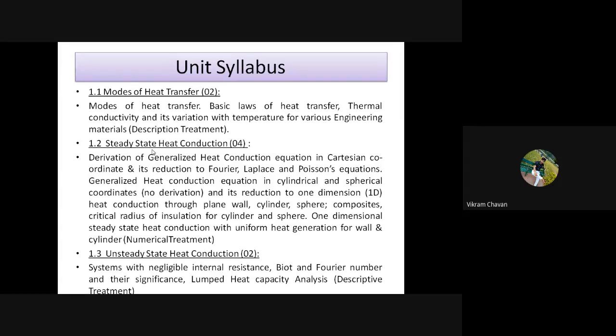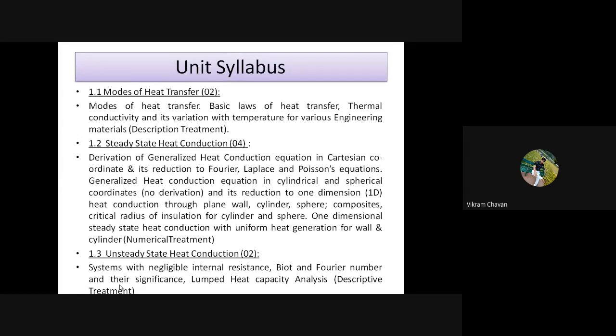Here only one property we are dealing with, that is temperature. If the temperature does not vary and remains constant, it will be considered steady state heat conduction. If it changes, it will be called unsteady state heat conduction.